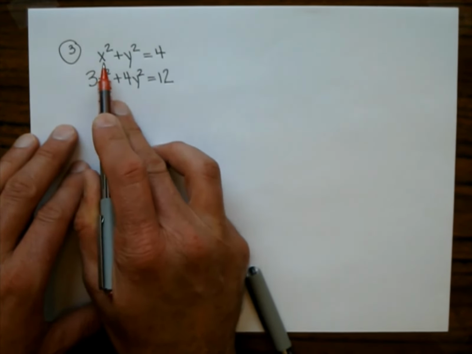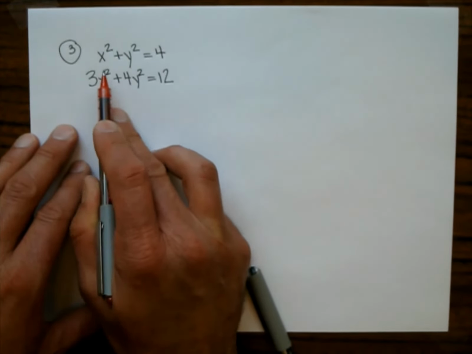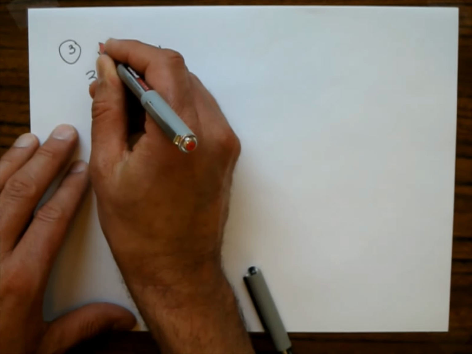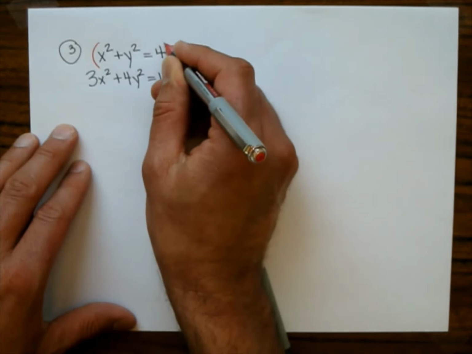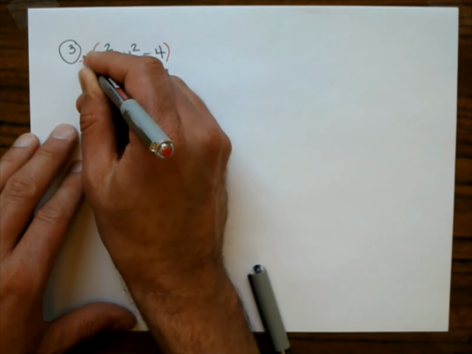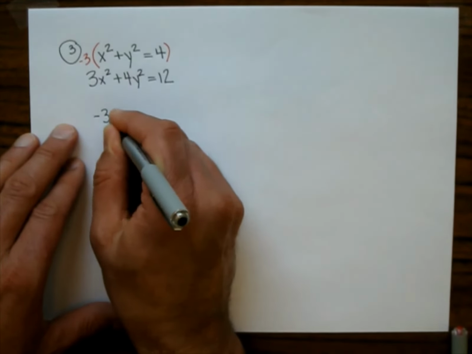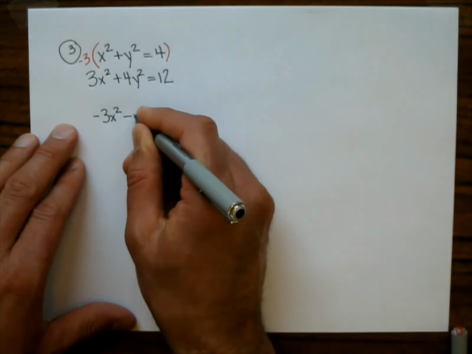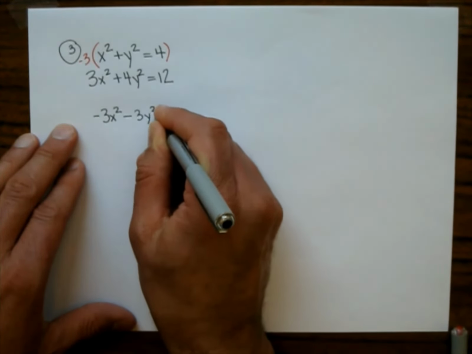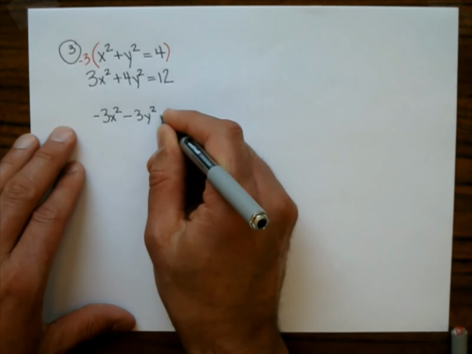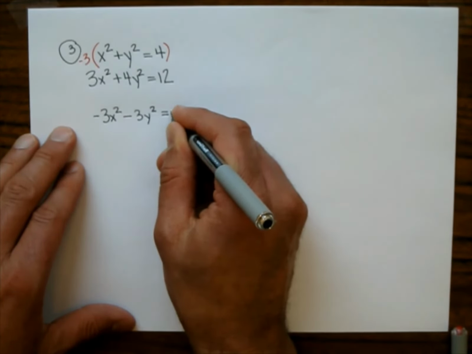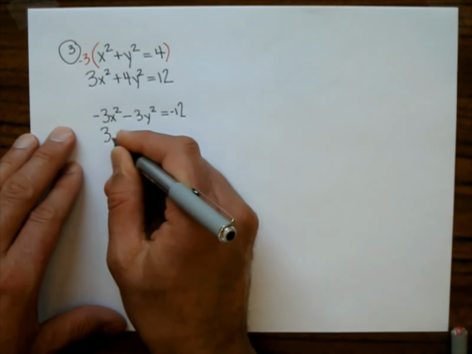I'm going to get rid of the x squared, and since I have squareds above and below, I can do elimination. I won't always be able to do elimination on nonlinear systems, and we'll get to problems like that. So I have negative 3x squared minus 3y squared equals negative 12. And the bottom we'll just leave alone.